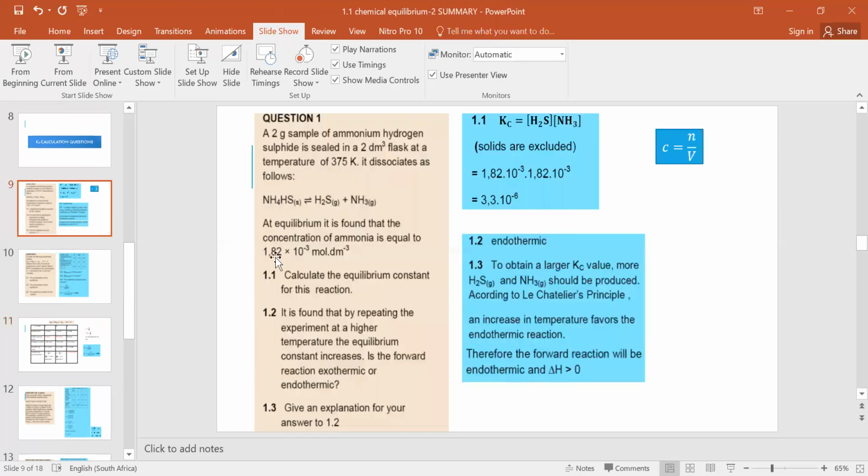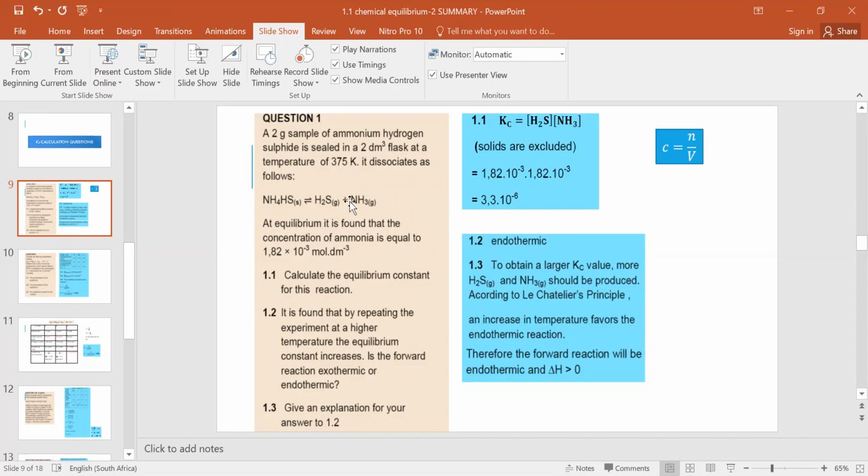When I look at here, if 1.82 times 10 to the power of negative 3 mole per decimeter cube of NH3 is produced, what will be the concentration of H2S, hydrogen sulfide, at equilibrium? How can I find that? I can use mole ratio, okay?